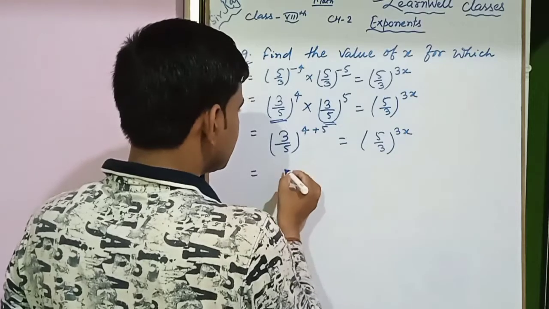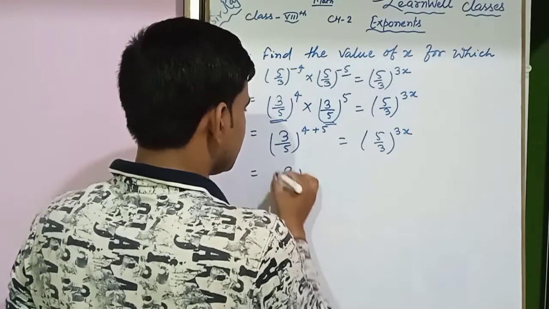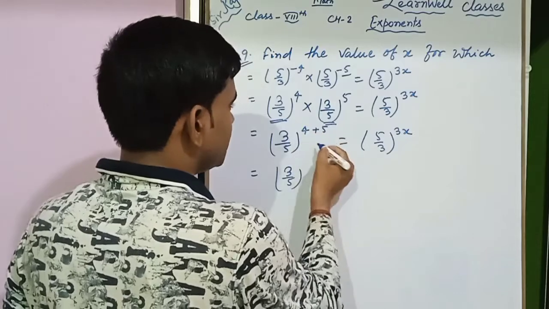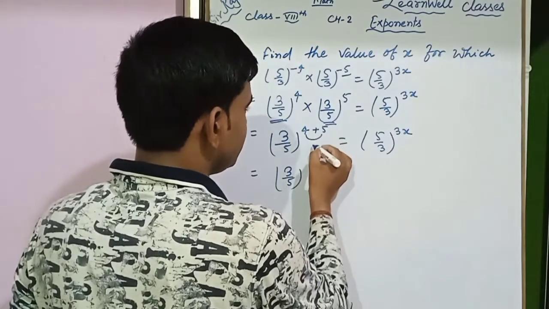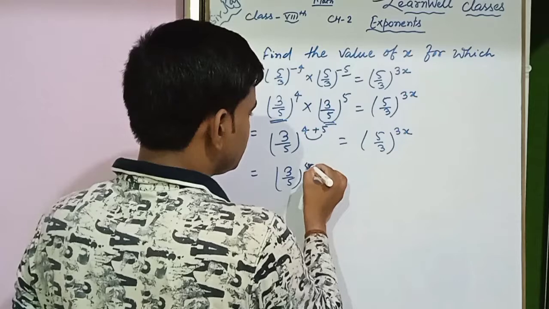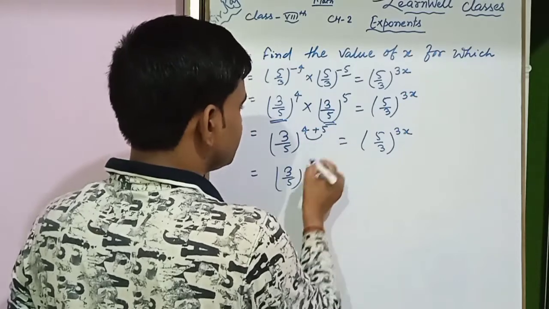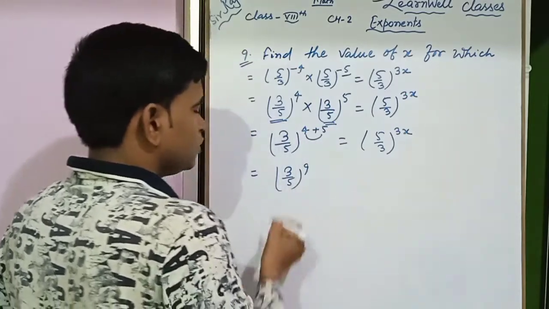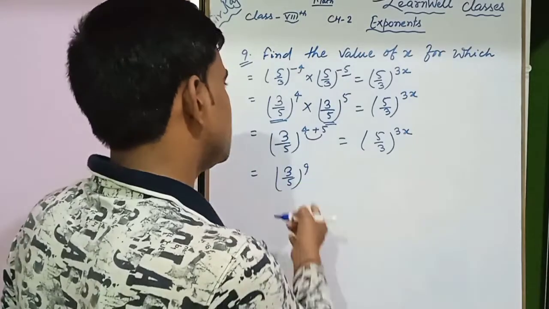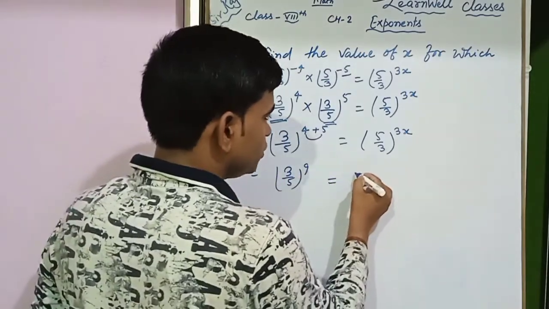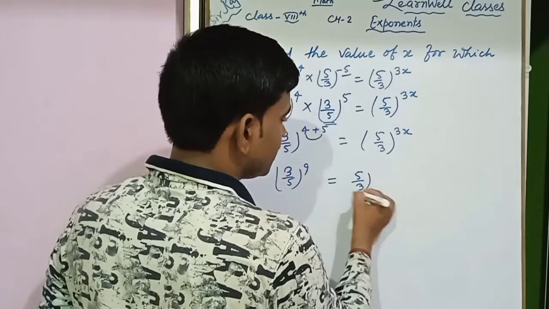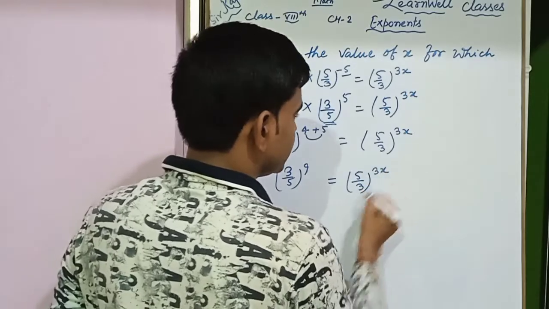So 3 upon 5 raised to the power 4 plus 5, and 4 plus 5 is 9. So 3 upon 5 raised to the power 9 is equal to 5 upon 3 raised to the power 3x.